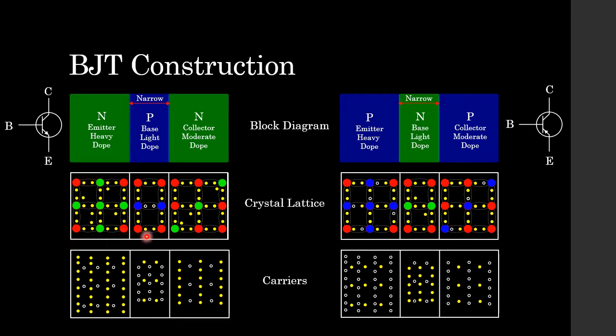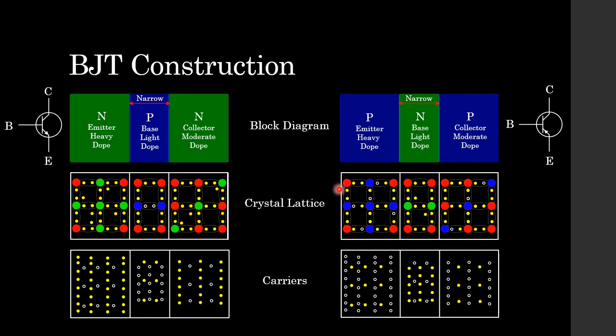Then when we go to our base, the blue circle represents boron, and because the majority carrier here is a hole, because it is a P-type material, that's why we dope it with a trivalent atom. And then finally, looking at our N-type in the collector region, we've only got 3 phosphorus atoms here to represent moderately doped, and of course the majority carrier here is going to be the free electrons.